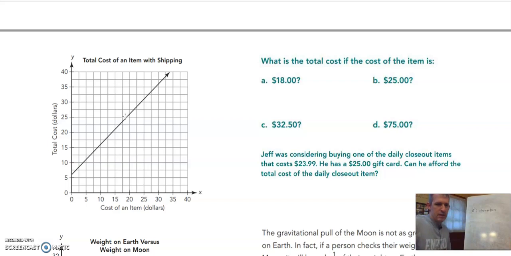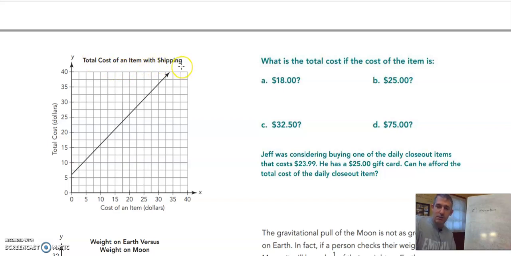Okay? Now, what we do know is this: the total cost of the order is always going to cost more than the item itself. Okay, look at the title: total cost of an item with shipping.